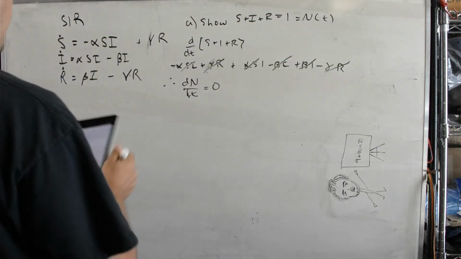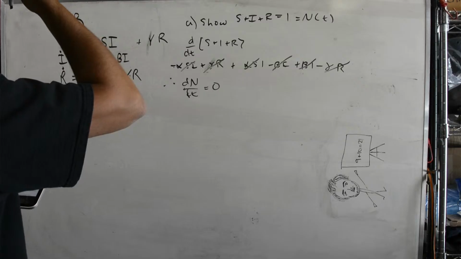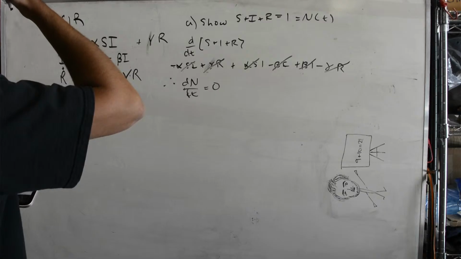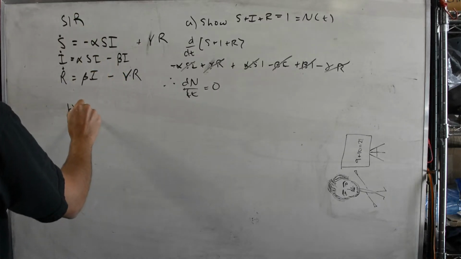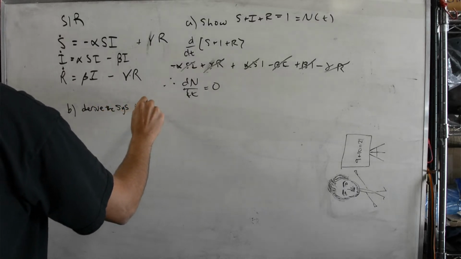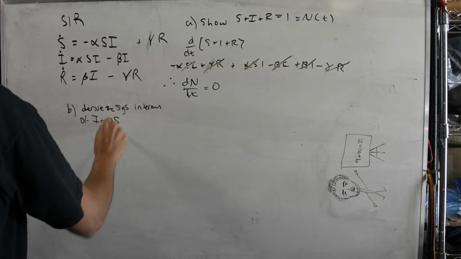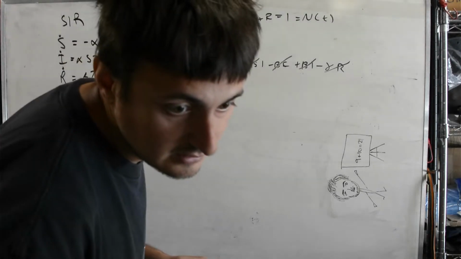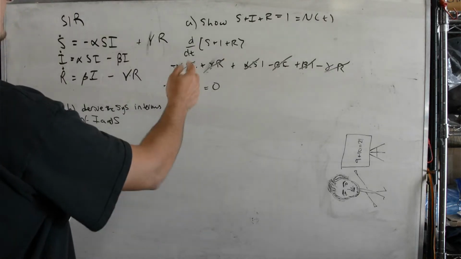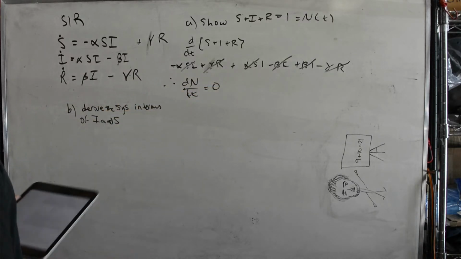Okay, now part B is derive the system in terms of I and S. Well, that's no. I mean, you don't end up taking any derivative because your differential equation is all you have.